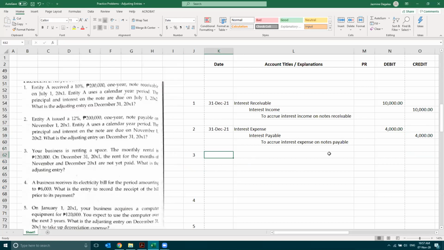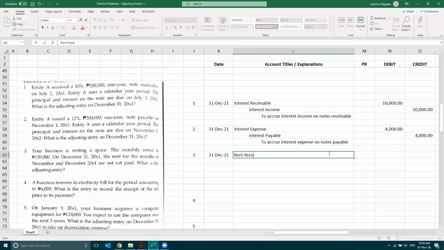Yan. So, number 3 tayo. Your business is renting a space. The monthly rental is 120,000. On December 31, 2021, the rent for the months of November and December are not yet paid. What is the adjusting entry on December 31? Debit rent receivable, 240,000. So, 2 months, di ba?